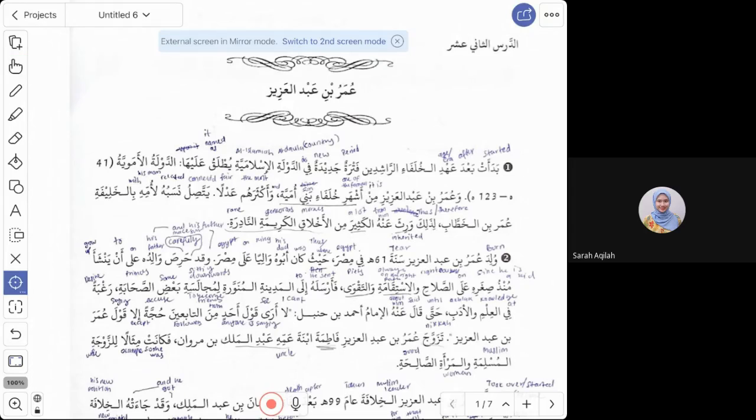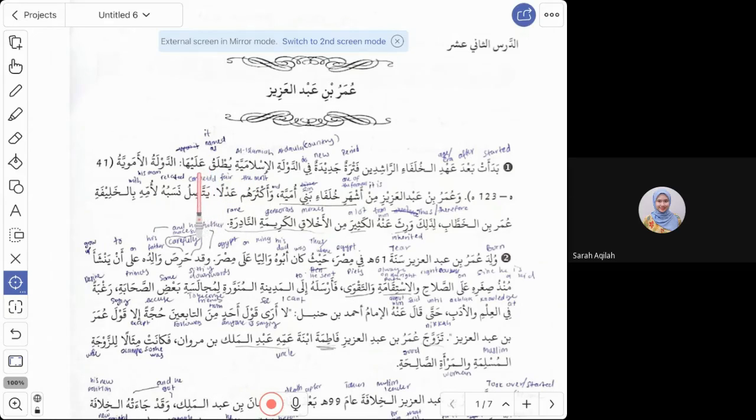Bada'at ba'da ahdil khulafa ar-Rashidin fatratun jadidatun fid-dawlatil Islamiyyati yutlaqu alayha. Bada'at means started, after the era of the Khulafa ar-Rashidin, fatratun, a period, jadidatun, new, in the Islamic country, yutlaqu alayha, it is named as.